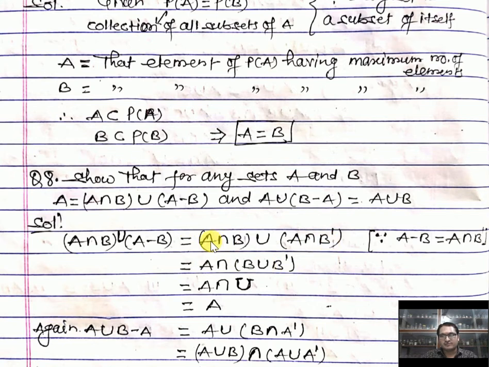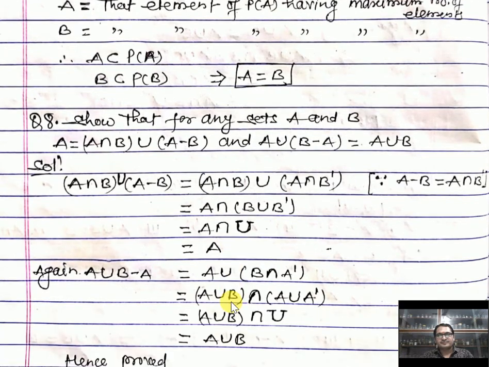When you apply the operation, you get A intersection (B union complement of B), so A intersection U, the universal set. That is equal to A.